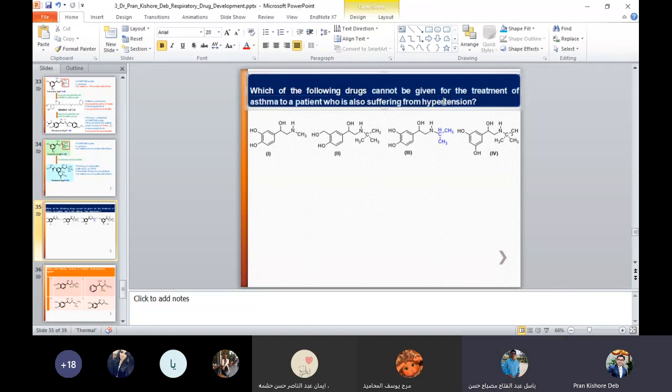That means a patient has two problems, asthma and hypertension. We can't give compound 1, because it shows a pressor effect, because it binds to alpha and beta 1. And 3? Why 3?